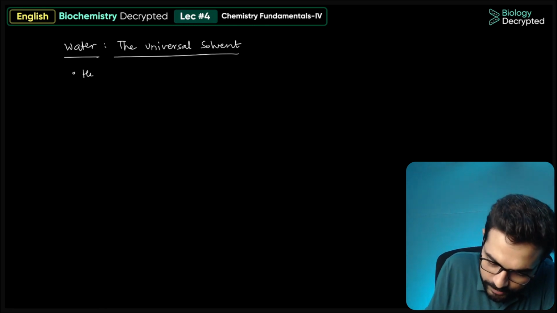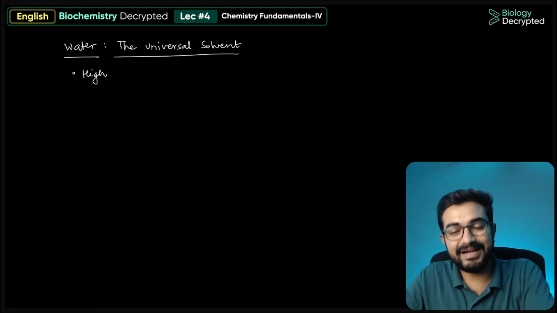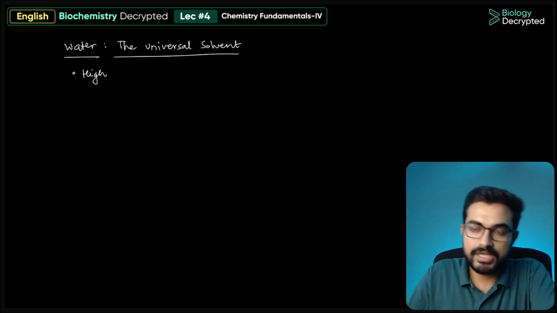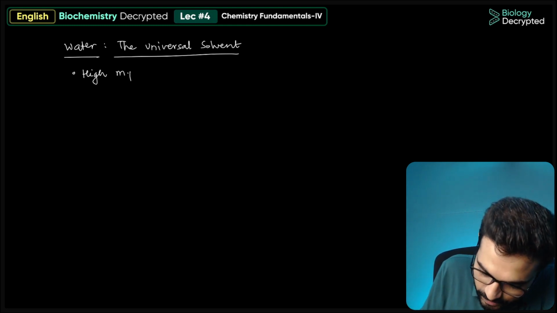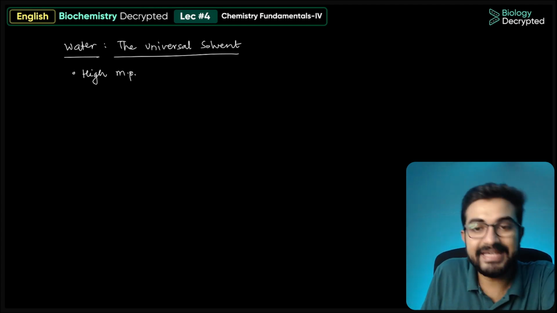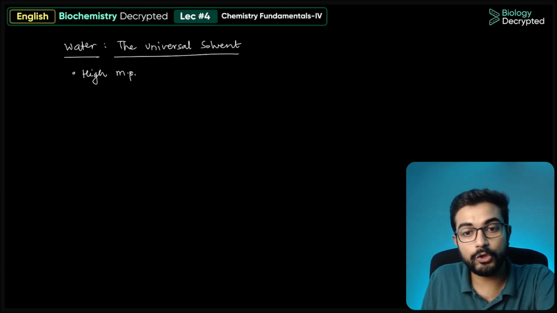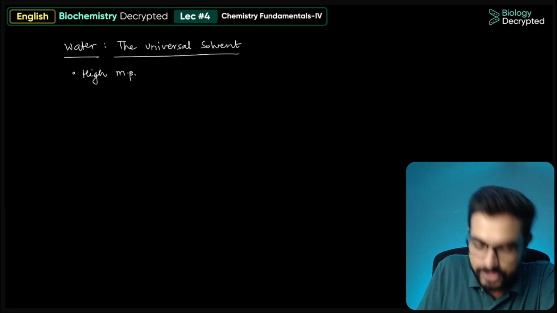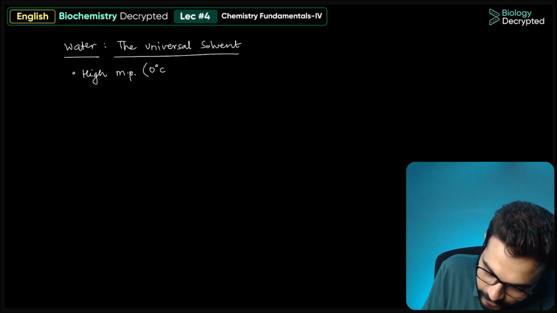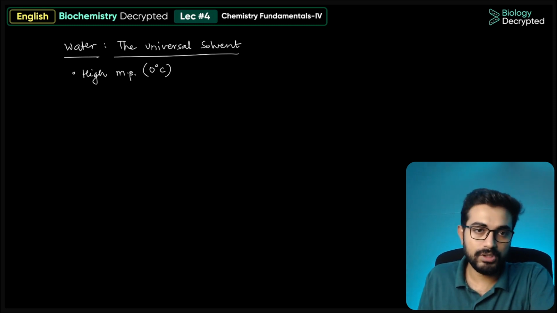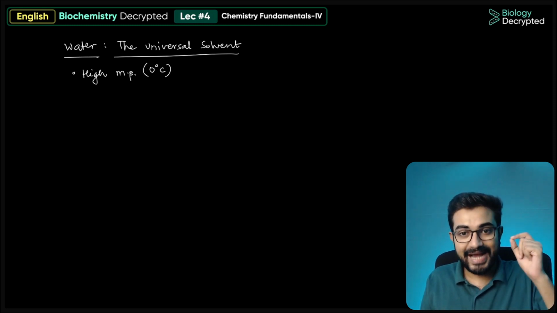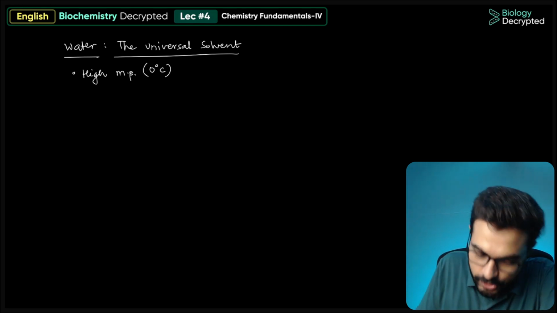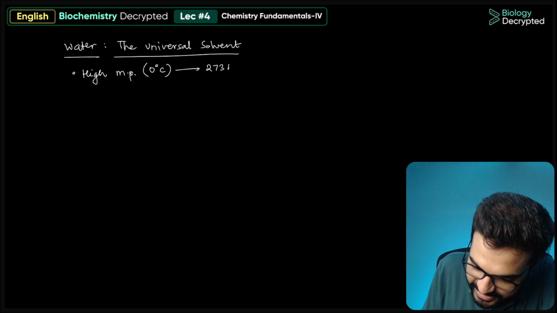If we compare water with other liquids, what we will find is water has a sufficiently higher melting point as compared to other liquids which exist as liquids at room temperature. So water has a melting point of 0 degrees Celsius. I hope you know, because this is the temperature at which ice melts and forms liquid water. So this can be written as 273 Kelvin.